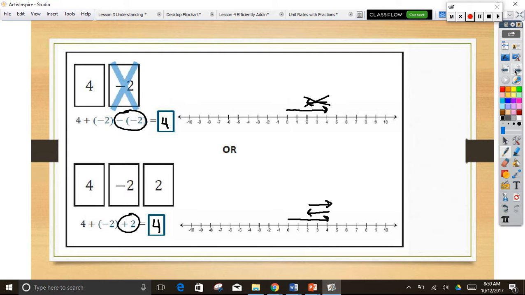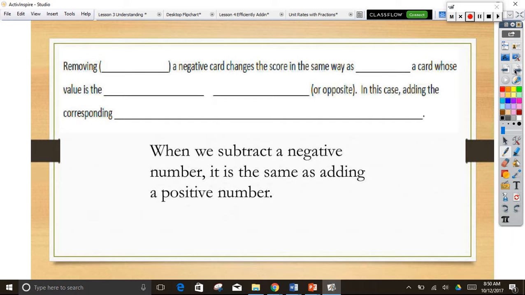Okay, so the long, wordy definition is removing or subtracting a negative card changes the score in the same way as adding a card whose value is the additive inverse. And again, that means the opposite.